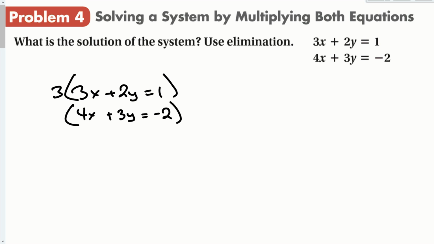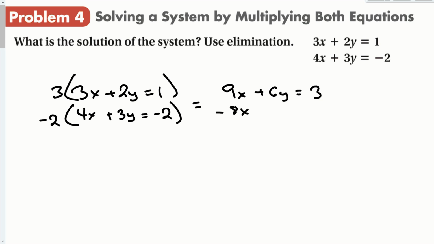And the bottom equation, I could multiply by 2 and subtract, but I like to always add my two equations together. Prevents mistakes. So I like to multiply by negative 2. My equivalent system becomes 9x plus 6y is equal to, don't forget to multiply, 3.